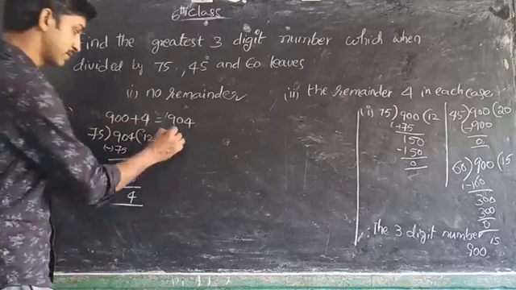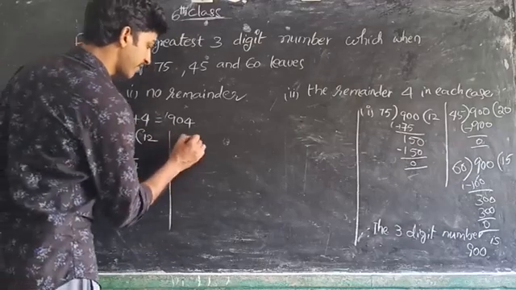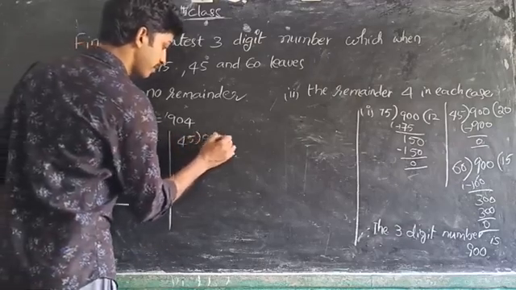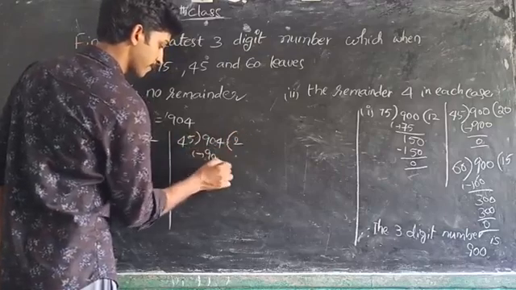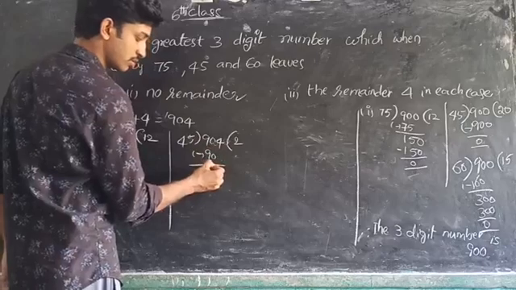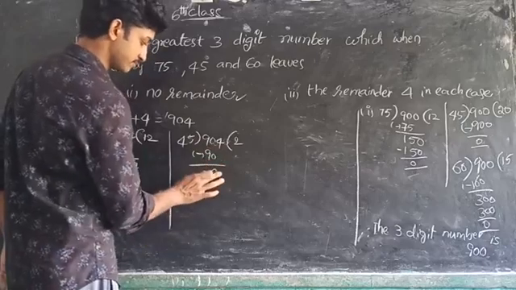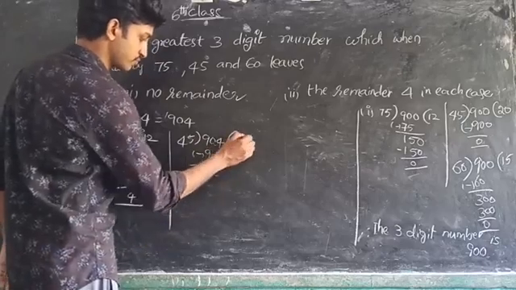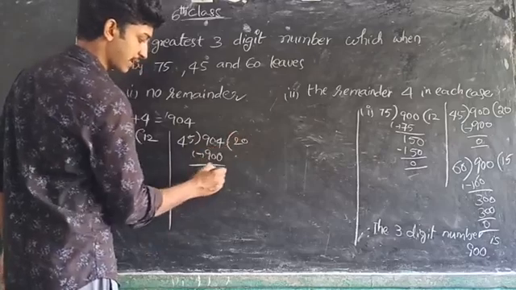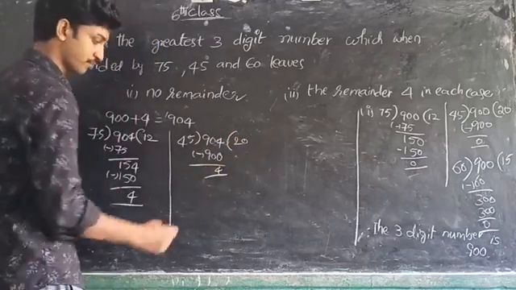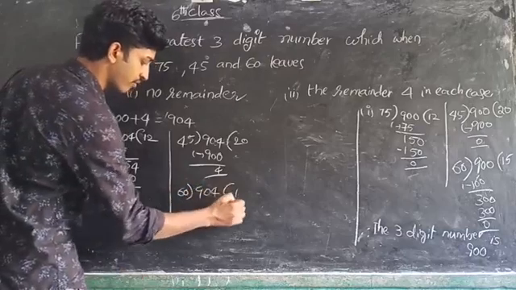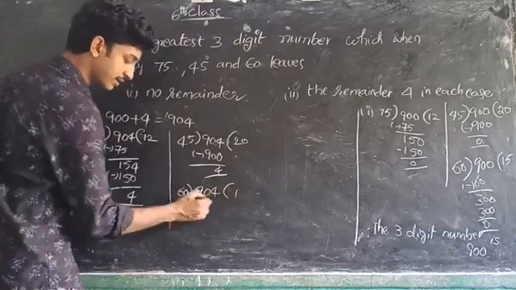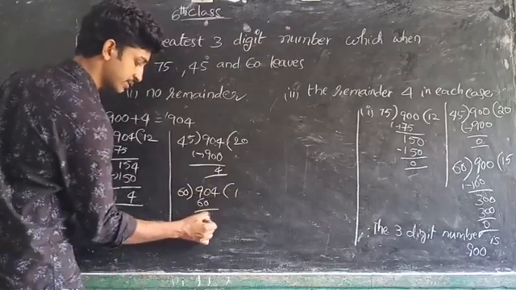4 is the remainder. See, check for 45. 904, 2 times in 90, 20 times 900. It leaves remainder 4. Check with 60. 904, 1 time in 90 and it leaves 30 as remainder.